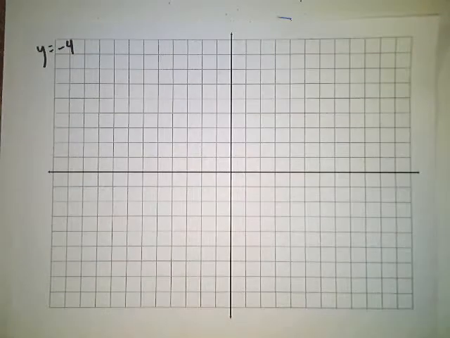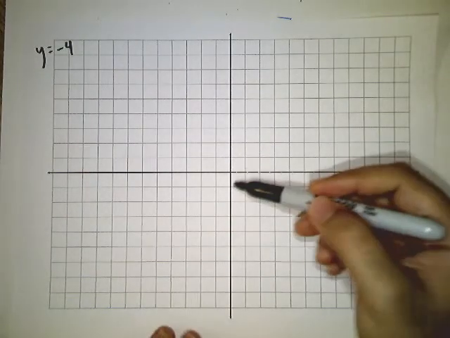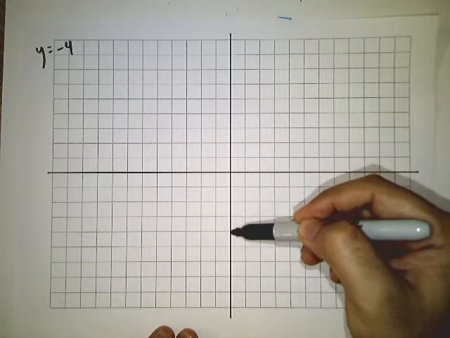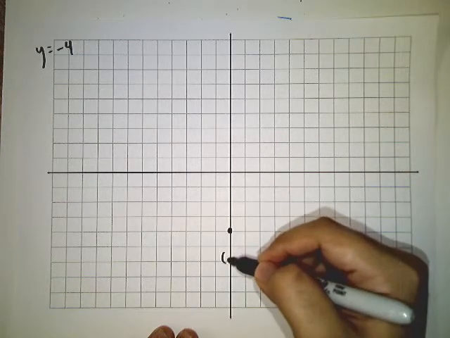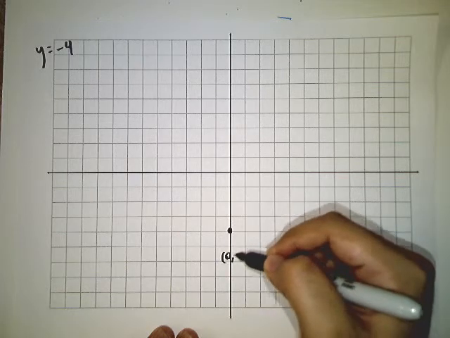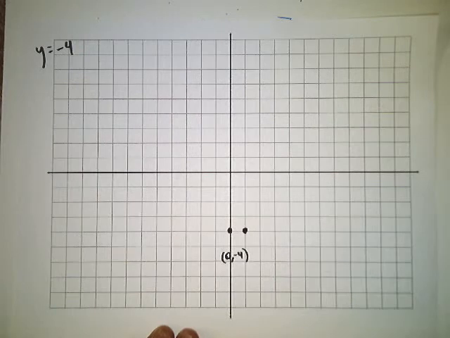That means show me all the points that have the y-coordinate negative 4. Well, let's see. 1, 2, 3, 4. This is negative 4 right there. So this point is (0, negative 4). This point also has a y-coordinate of negative 4.